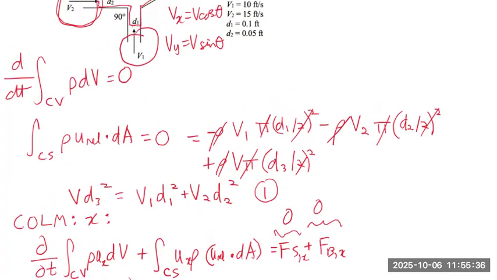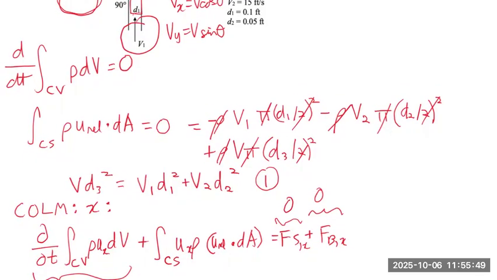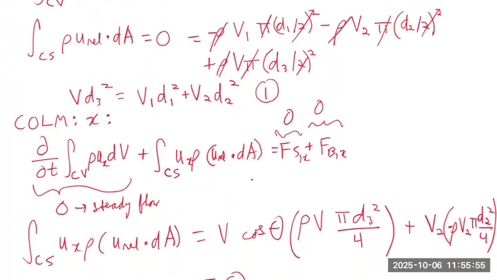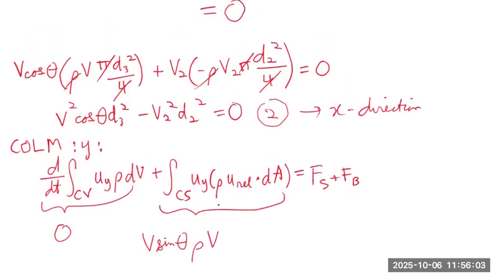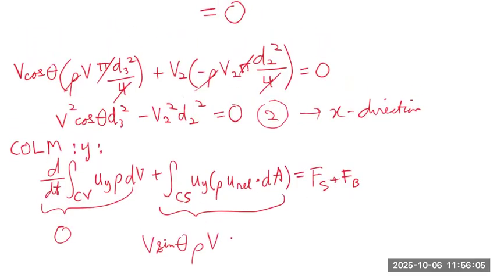So we found that it's equal to rho times V pi times D3 over 2 squared, which is V pi D3 squared over 4.